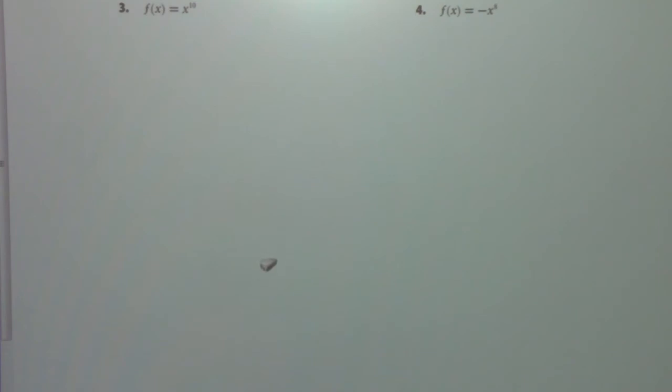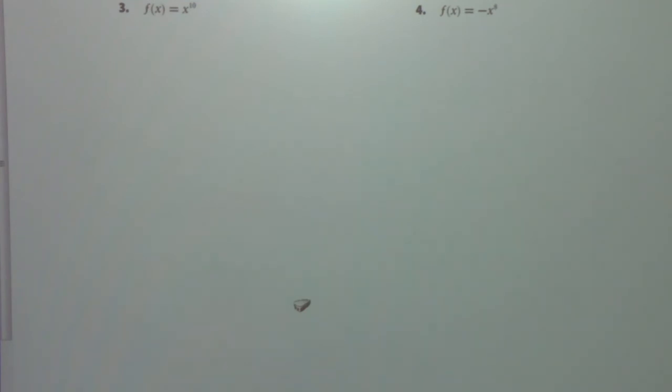So go ahead. This one here, number 3, is x to the 10th, if you have trouble seeing that. I'm going to call on somebody here in half a minute. Is it going straight up? No. It's weird, it's got like a little curve.